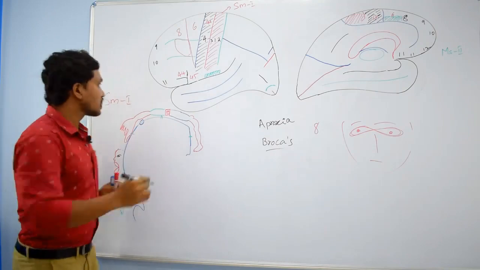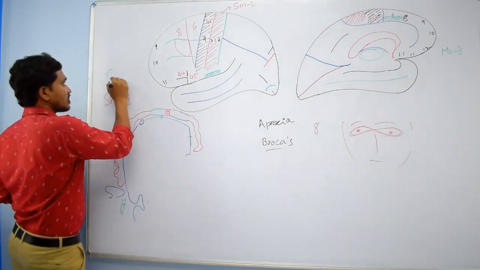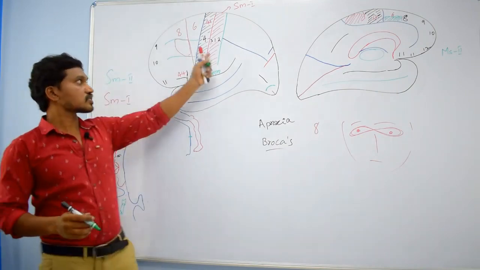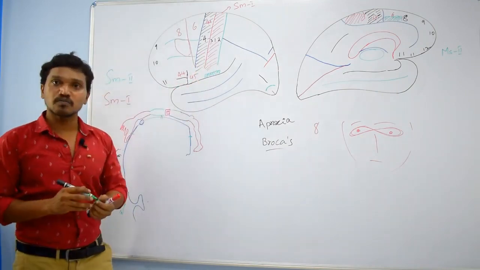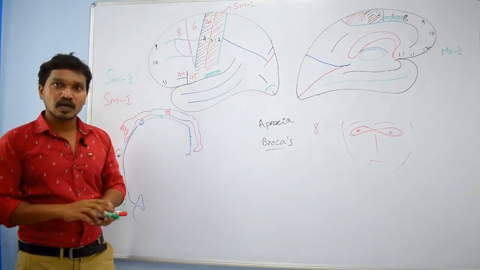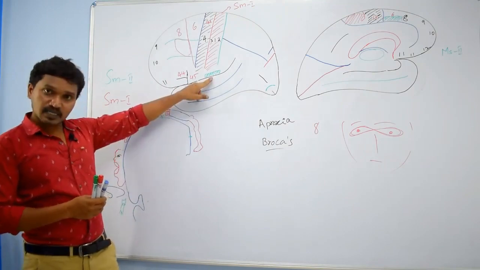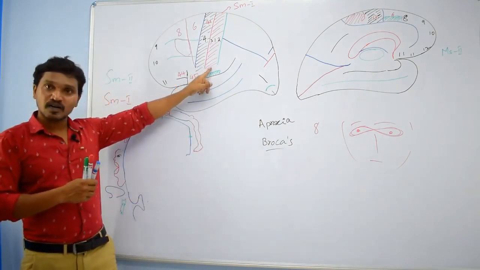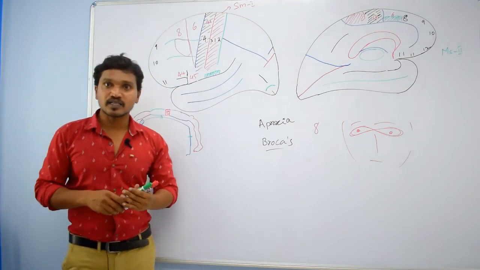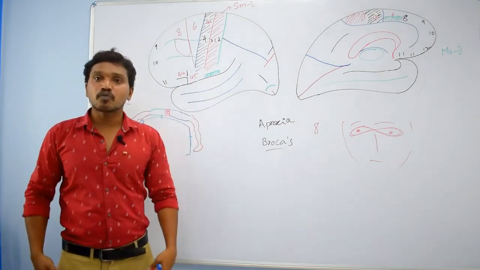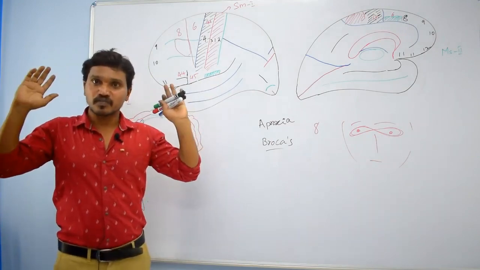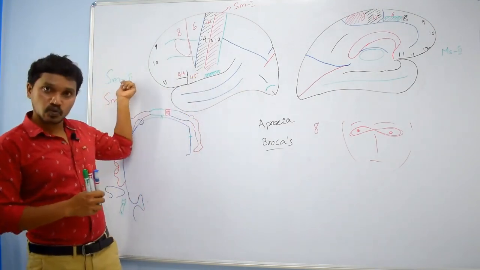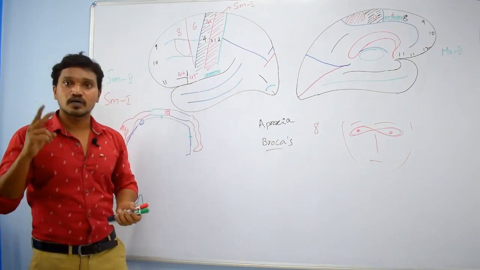That means it is predominantly sensory, secondarily motor. This is SM1 and this is SM2. Here it represents contralaterally, here bilaterally. That means it receives sensation from both sides of the body. Clear? So that is about SM2 or somesthetic sensory area 2.